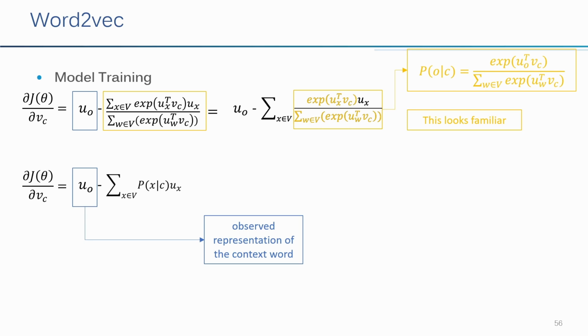And then this second part right here is what our model thinks the context should look like. So by calculating this probability distribution right here, this second term times this u_x is pretty much what our model's expectation about this word is.